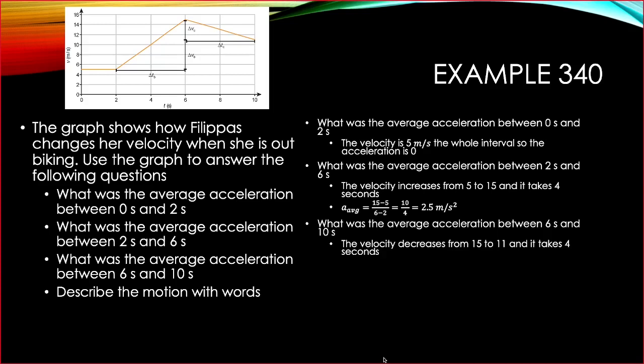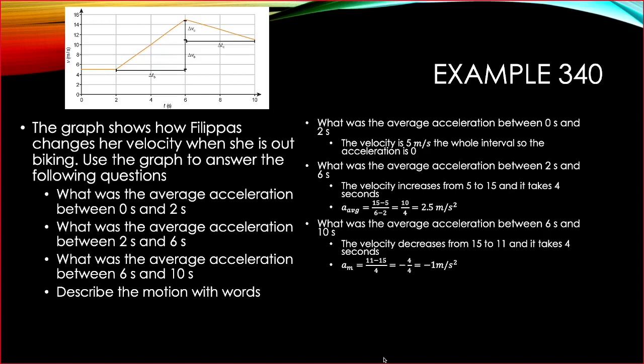And between 6 and 10 seconds, we have a decrease in velocity. That's a retardation. So we're decreasing our velocity from 15 to about 11, and it takes also 4 seconds.